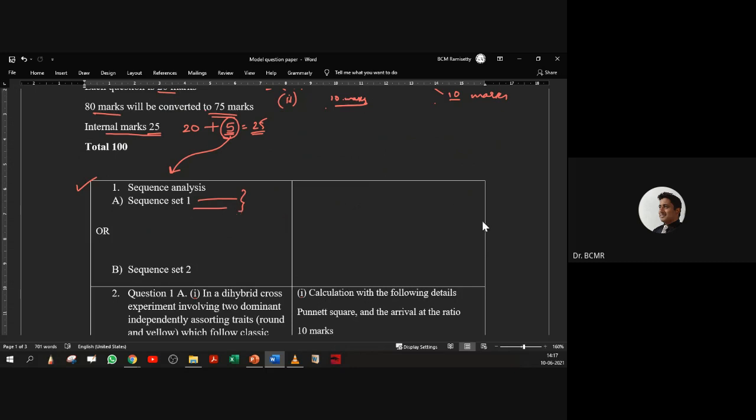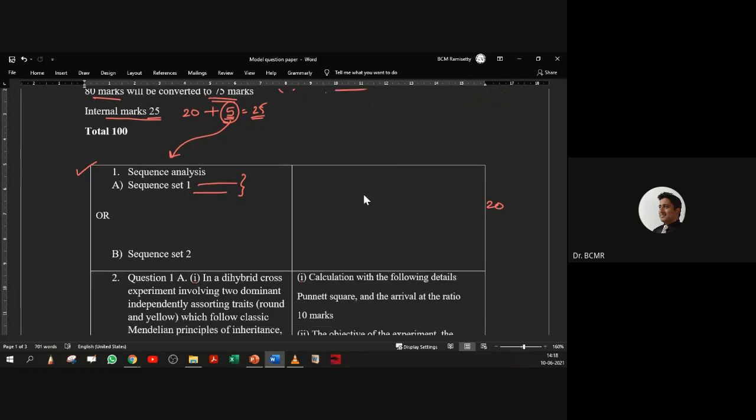So 20 marks are awarded for sequence analysis. For the compulsory assignment, some 8 or 9 people chose not to submit it. I don't think that's a good thing, because you should practice it, as that's a question that's going to come.